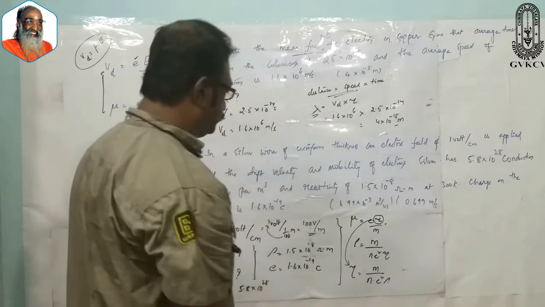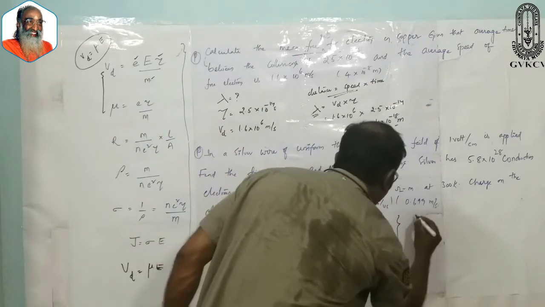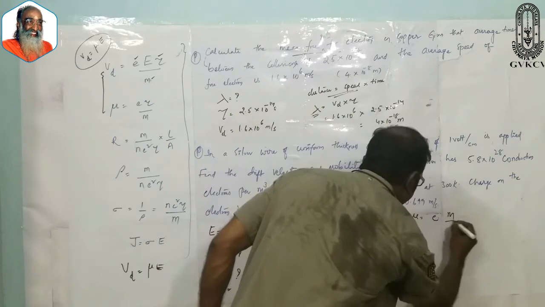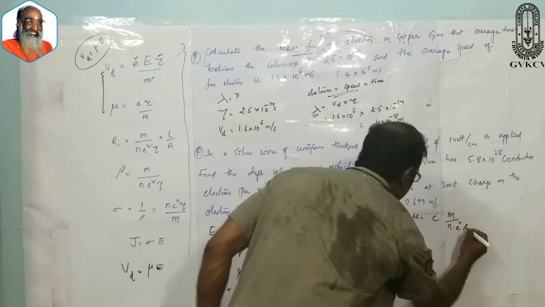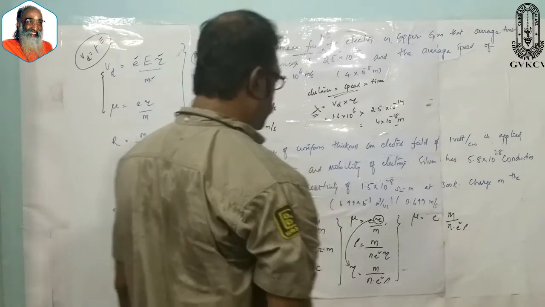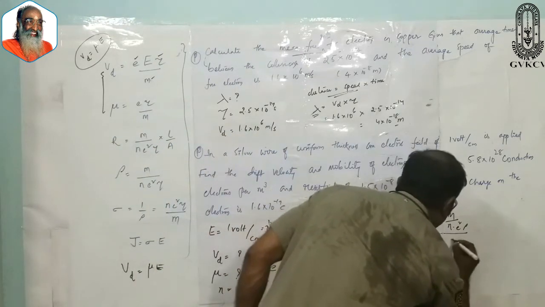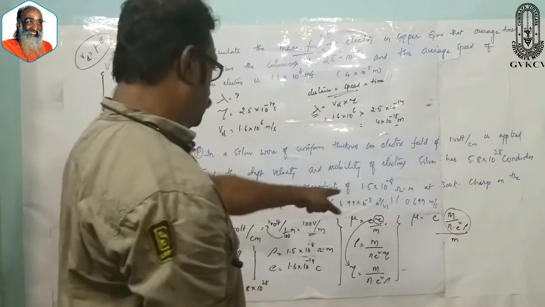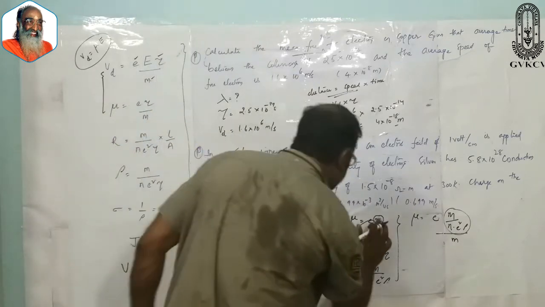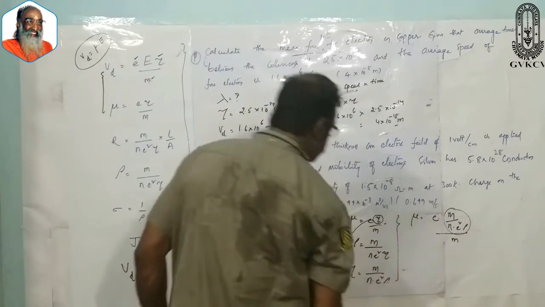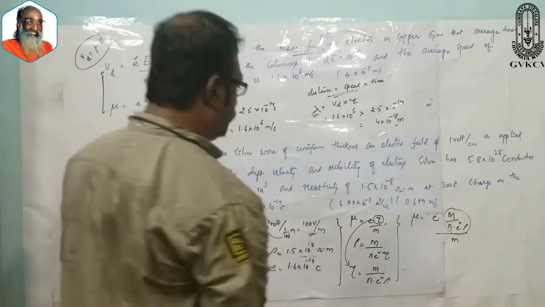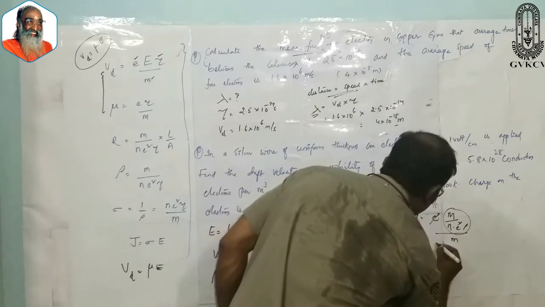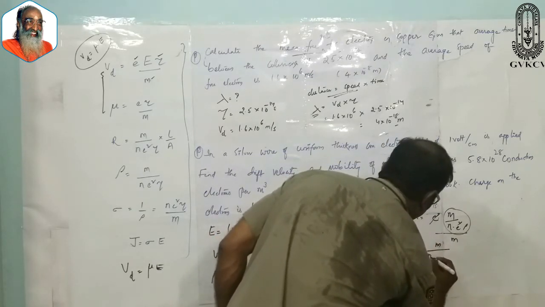So what it becomes here, so mu is equal to E, instead of tau, M by N E square rho, divided by M. So now E cancelled, and this becomes M by M N E rho.